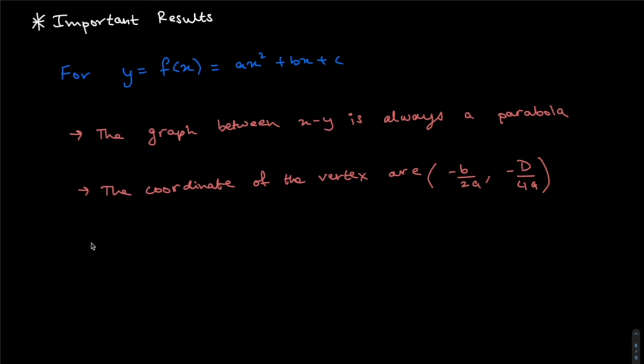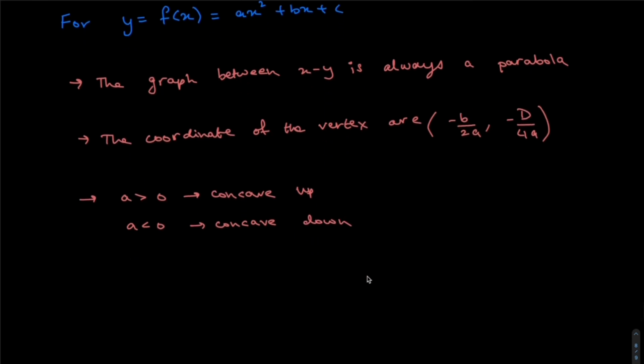Next point is when a is greater than 0, we have concave up. I just mentioned it. And when a is less than 0, we have concave down.